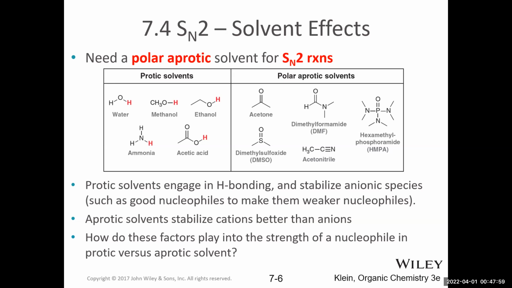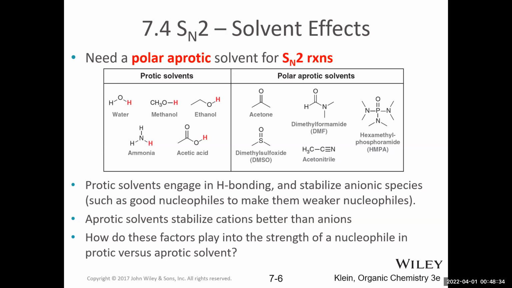So these solvents actually affect the reaction by their ability to stabilize and solvate anions in the reaction. So remember that oftentimes our strong nucleophile is an anion, right? It's a negatively charged species. And in one case, the solvents really stabilize that negatively charged nucleophile and make it a poorer nucleophile.